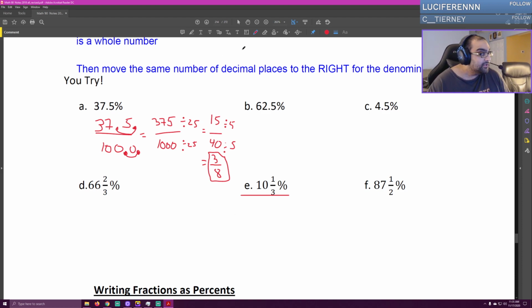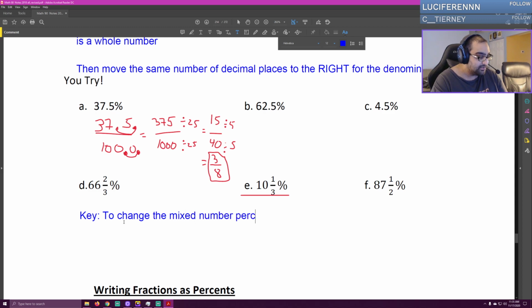Okay, now let's talk about the key here in this case. The key for mixed number percentages is pretty much the same thing that we've done for mixed numbers throughout this entire course. The key is to change the mixed number percentage into an improper fraction, just like we've done many times before.